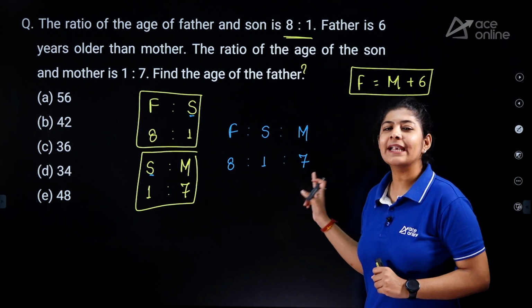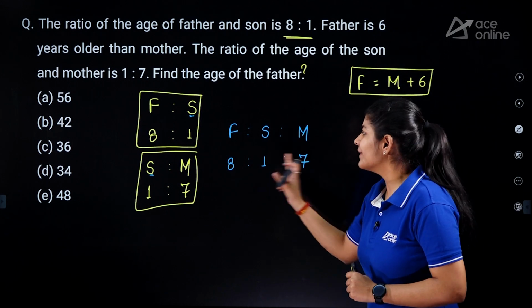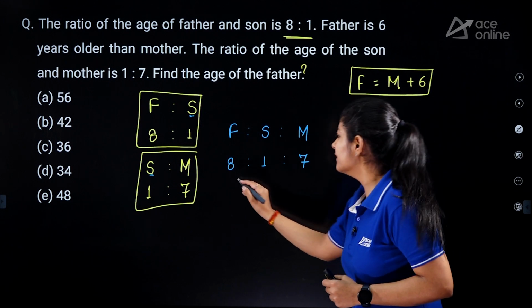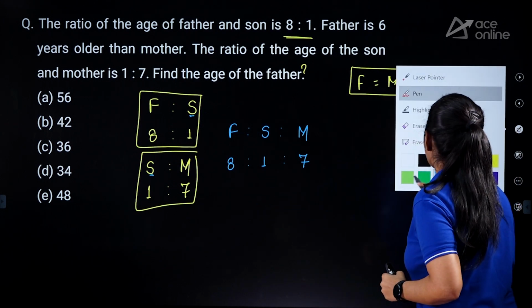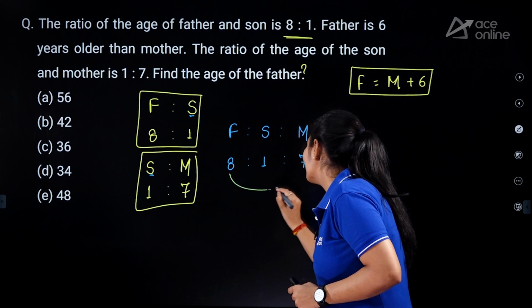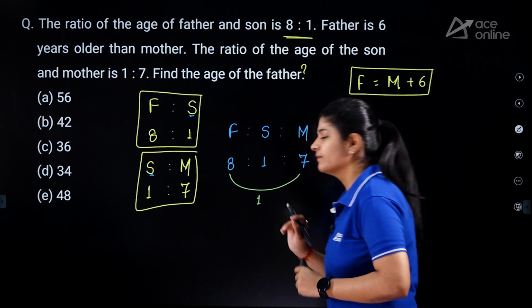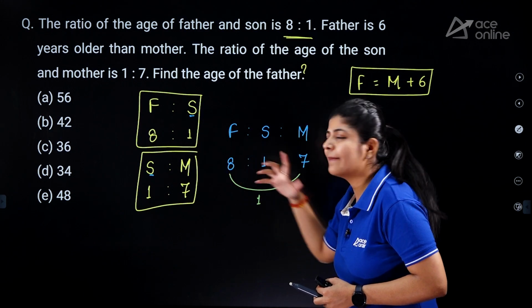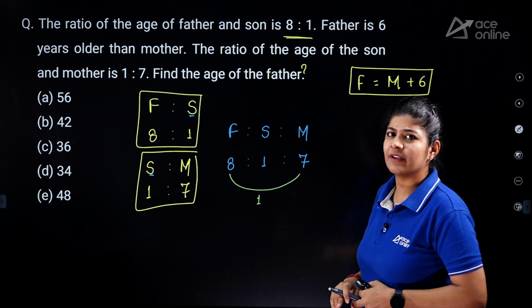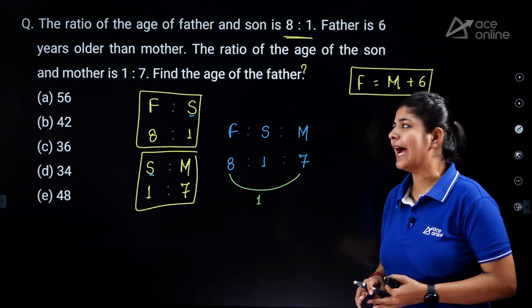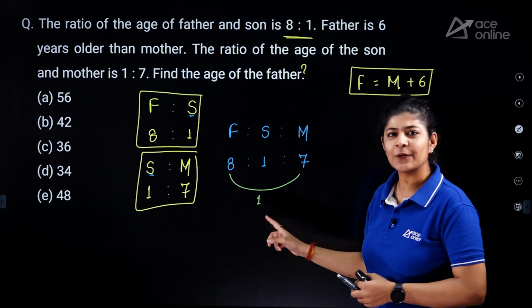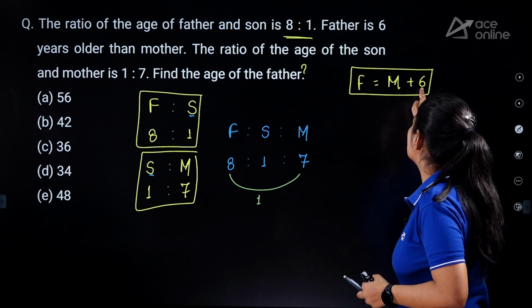But as I write this ratio, I can say that there is a difference of 1 only, because for the father I have 8, for the mother I have 7. But my question says that this difference is not equal to 1, it's actually equal to 6.